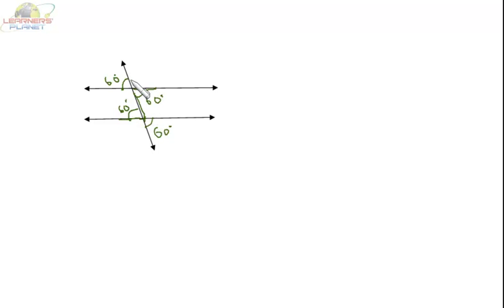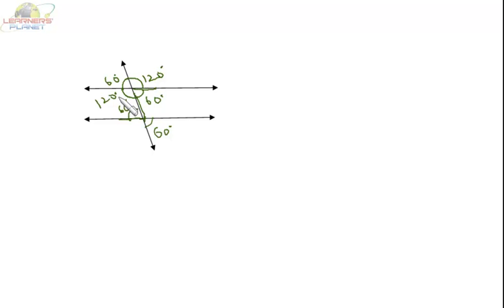Now if it is 60 degrees, it will be 120 degrees since both of them are forming a linear pair. These two are forming a linear pair. Along with that, these two are also forming a linear pair. So if it is 60 degrees, it has to be 120. Now it is 120. This will also be 120 since both of them are vertically opposite angles.